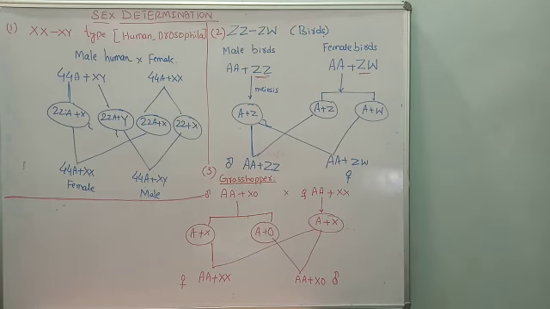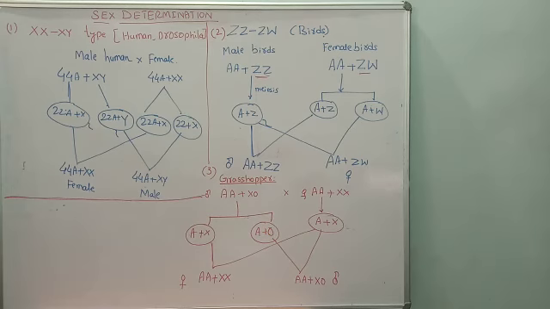So this haploid A plus X of the female is going to fuse with the sperm, forming a homogametic female child. And 2A plus X0 means it is male, so the male offspring is going to be produced.